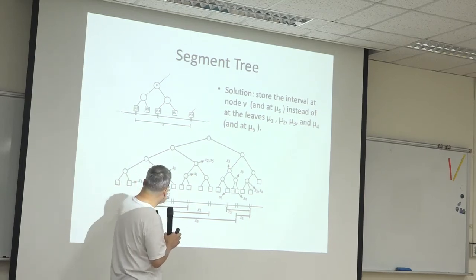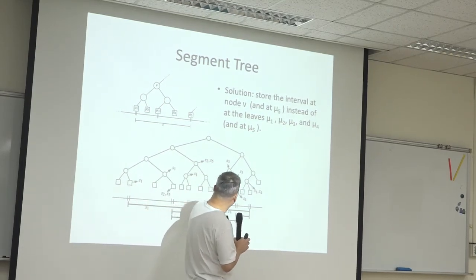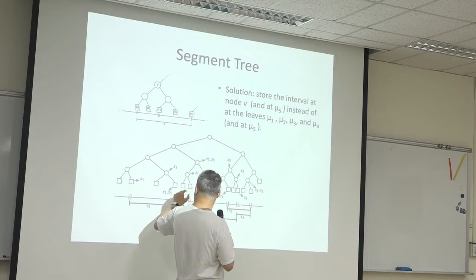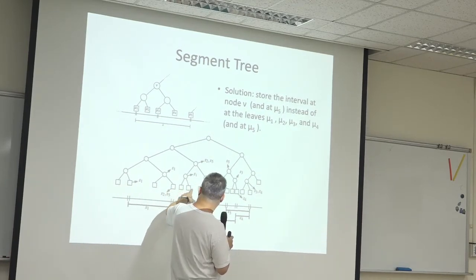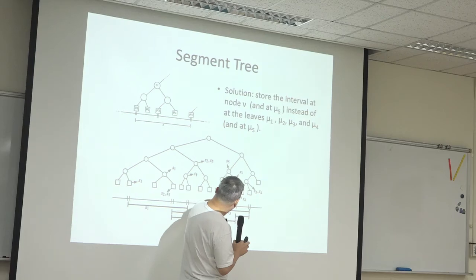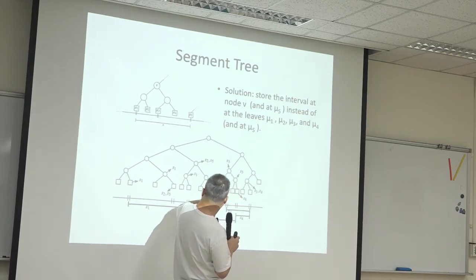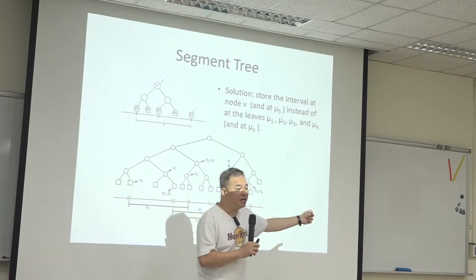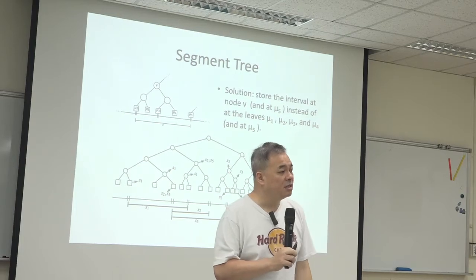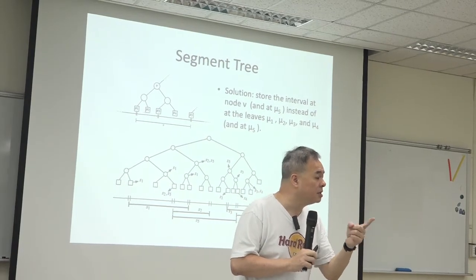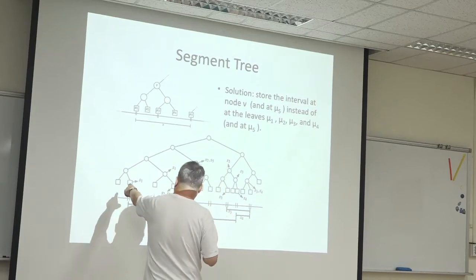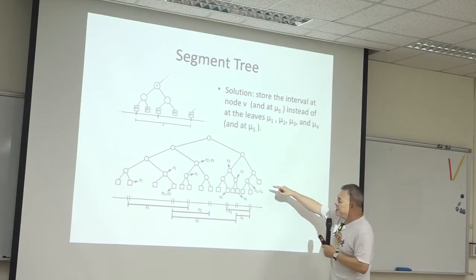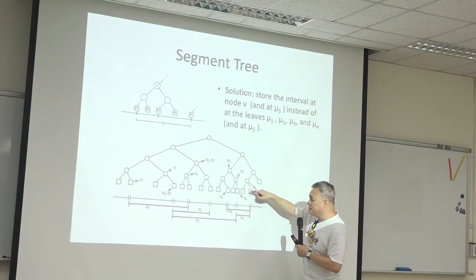Let me count again: 1, 2, 3, up to 10, and there's one more here, so 15 leaf nodes. Each of them corresponds to one elementary interval.